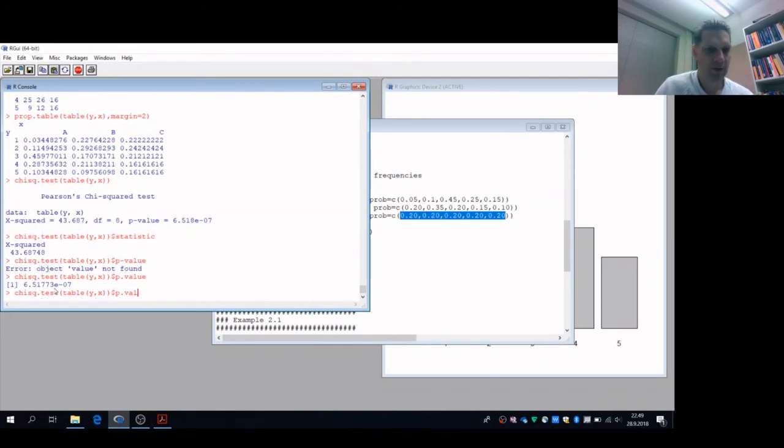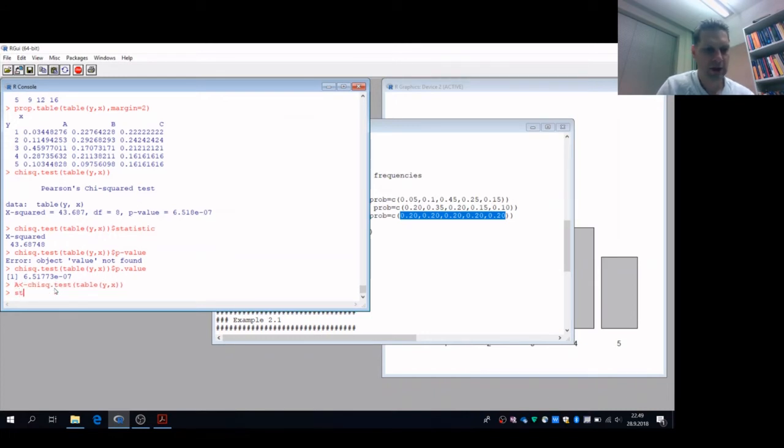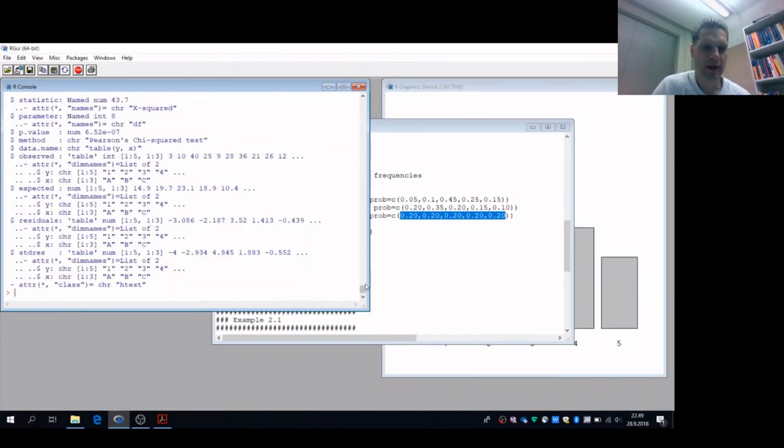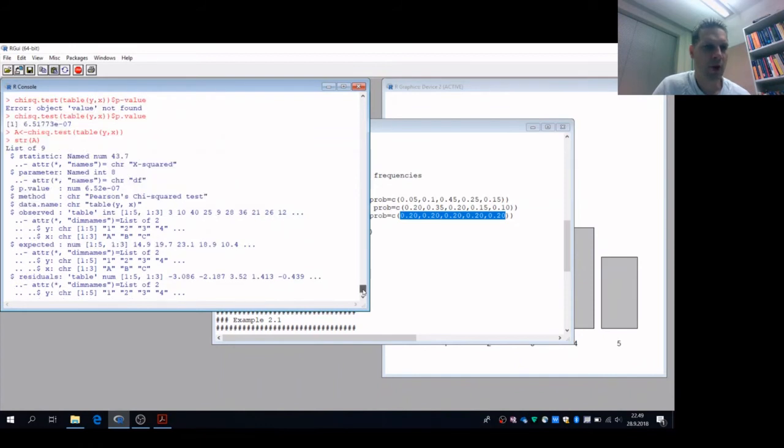By the way, if I'm writing, for example here, that this is some object A, then using a function like str on an object, you can get to know more about how to get different things. Statistics is gotten by using this command, p-values by using this command, and all sorts of things can be gotten out.